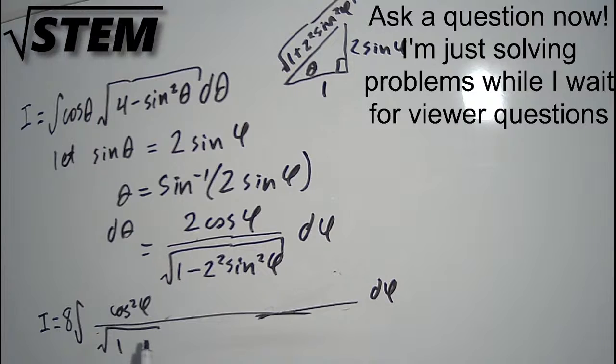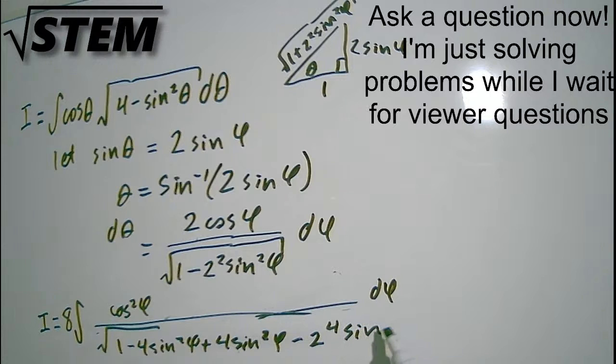We would get minus 4 sine squared of phi plus 4 sine squared of phi minus 2 to the 4th sine to the 4th of phi.